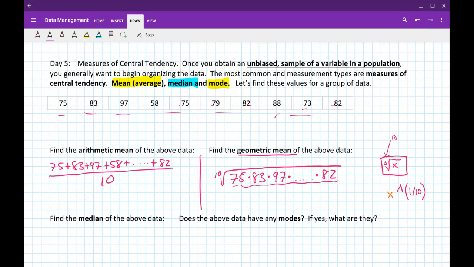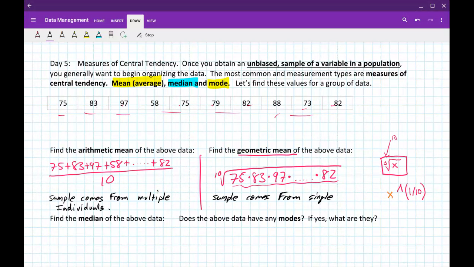The arithmetic mean is used if your sample comes from multiple individuals, whereas the geometric mean is used where your sample comes from a single individual, but at various times, okay? And you just end up with something like that.